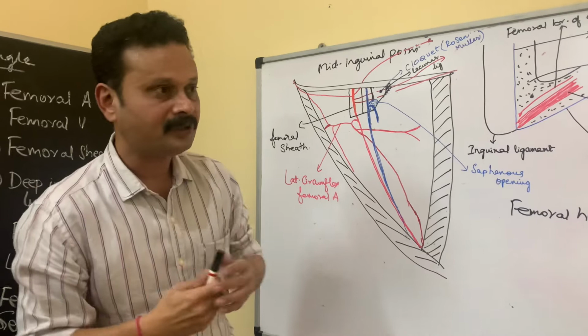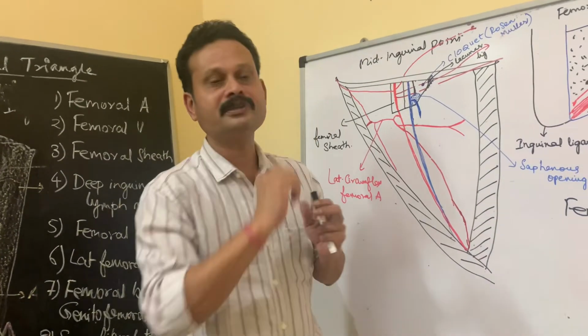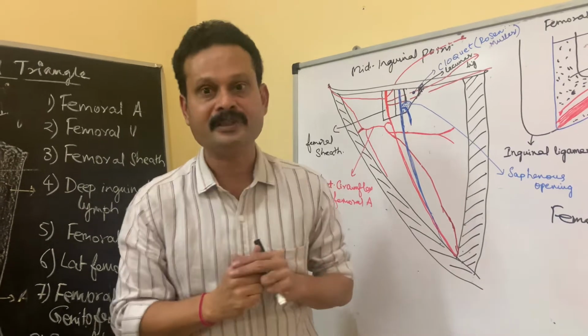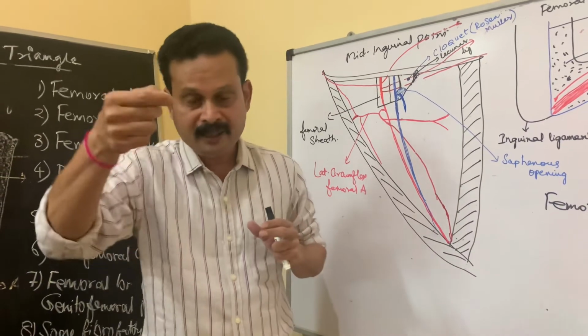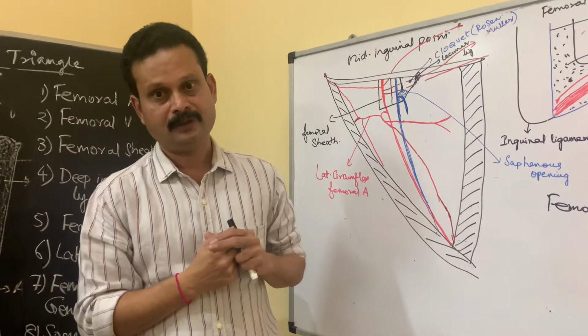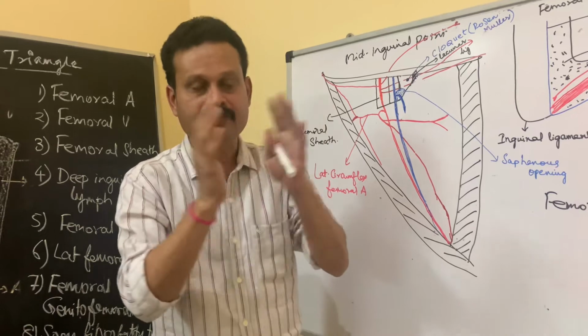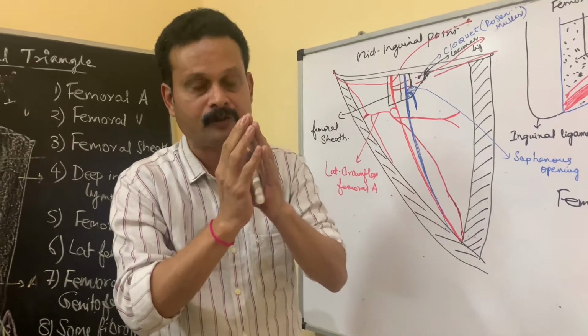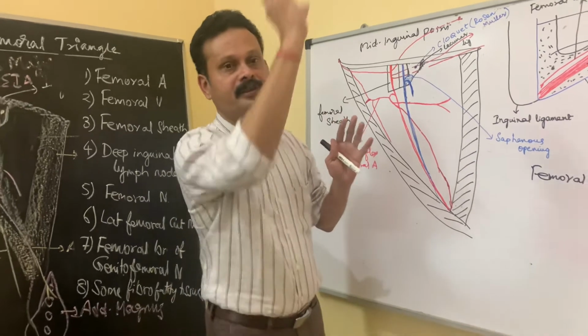During this process, it may become difficult to reduce the herniated sac back to its original site, in which case an incision is required so as to open the femoral ring, to make the femoral ring wider, so that the herniated sac can be reduced back.